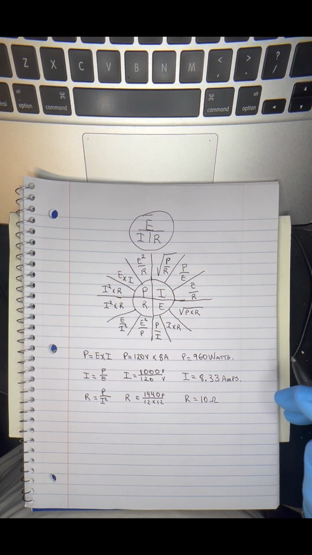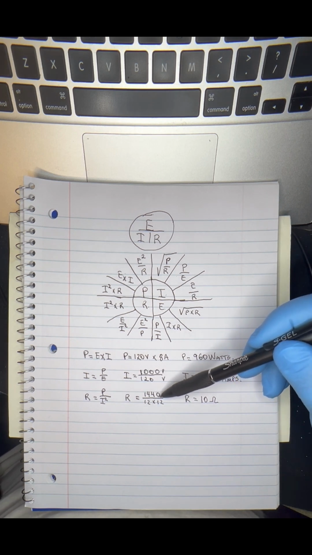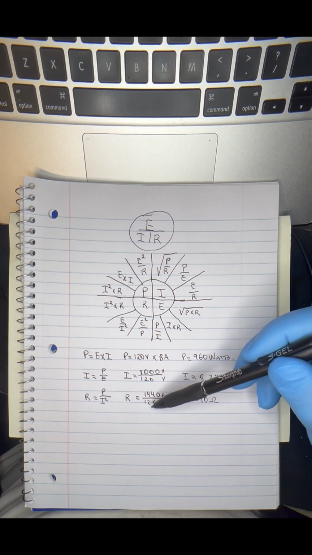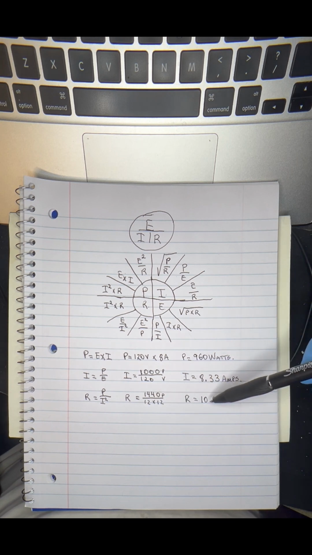Okay. So we know that 1440 divided by 12 squared equals 10 ohms.